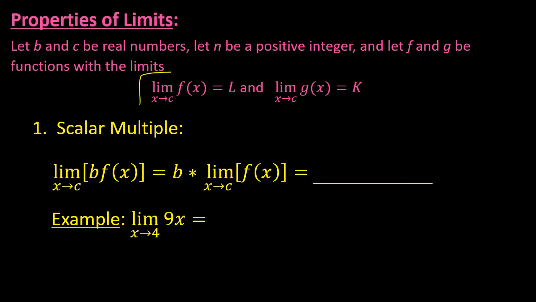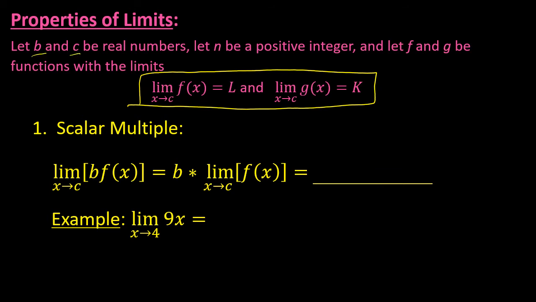Right here, we have some conditions. It says b and c are real numbers, n is always going to be a positive integer, and f and g are just functions with limits. As x approaches c, f of x is going to approach L, and the limit as x approaches c of g of x is going to approach K.